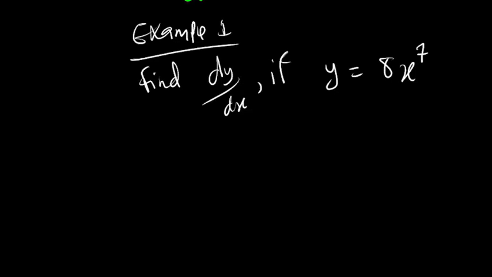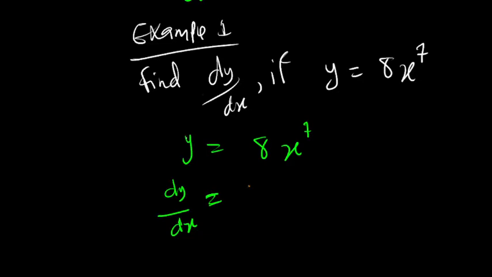So how are we going to do that? We say y is equal to 8x raised to power 7, and we have dy/dx. Don't forget, as we said above, only y and x are the variables. Anything different from them is a constant.